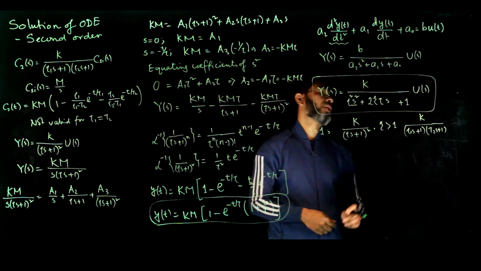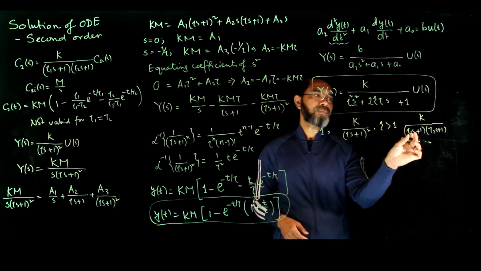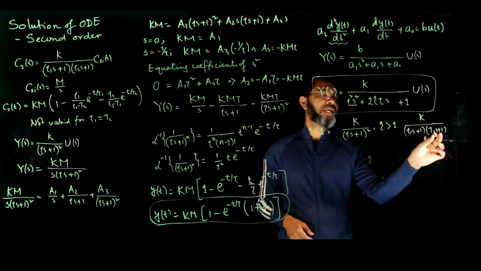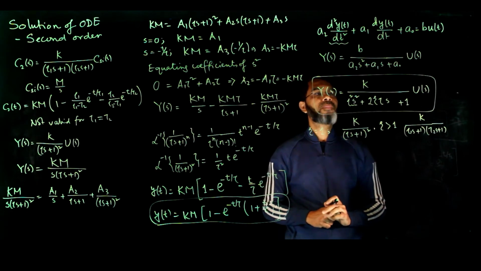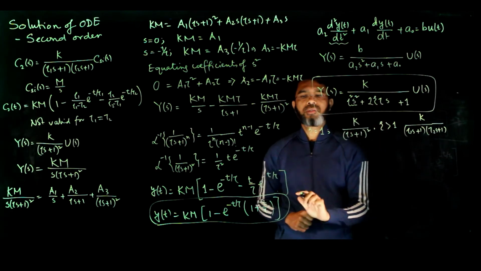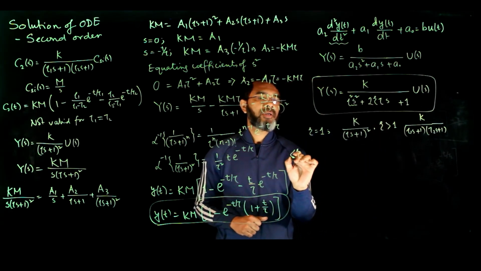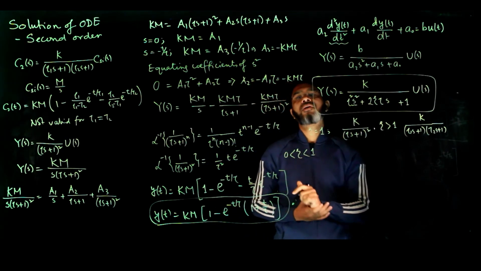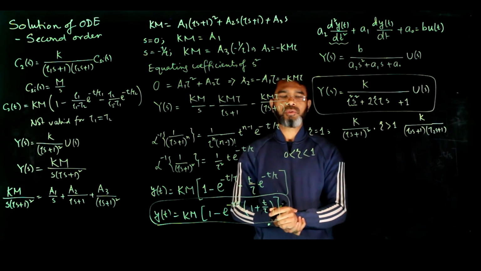The solutions are s equals negative 1 over tau 1 and negative 1 over tau 2, both real roots. But when xi is between 0 and 1, this will have what is called an imaginary root.